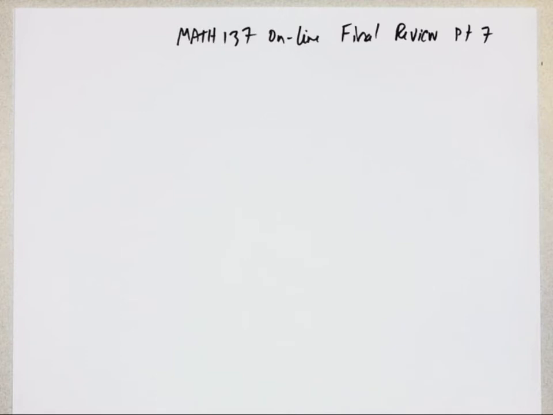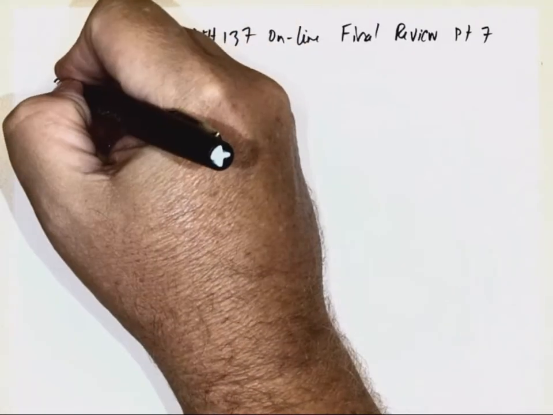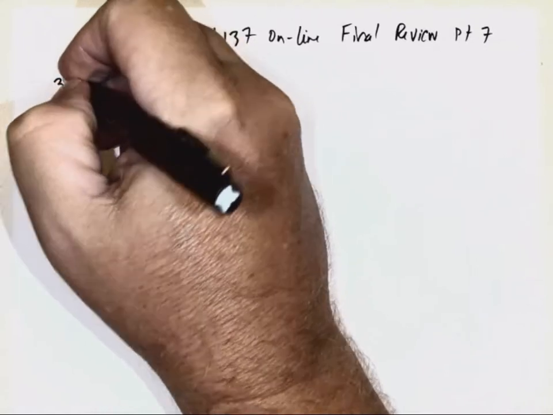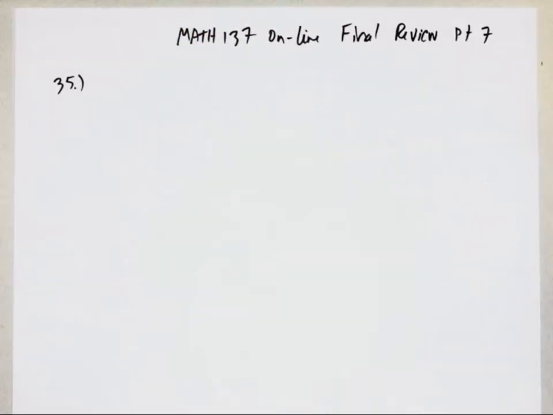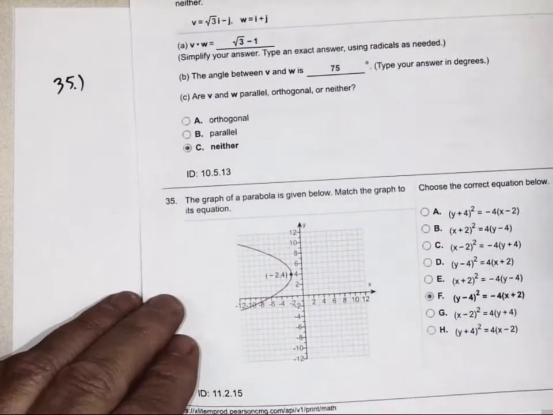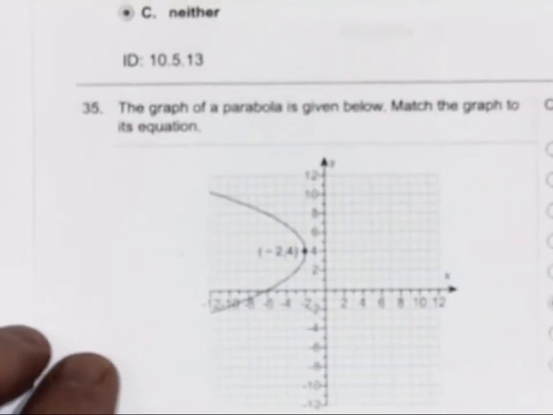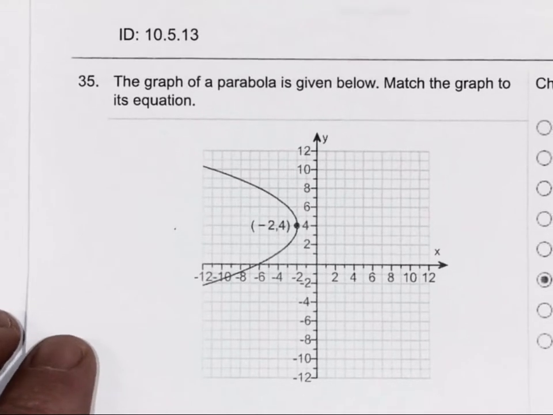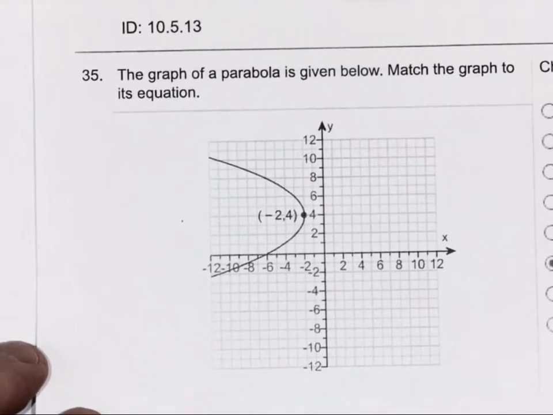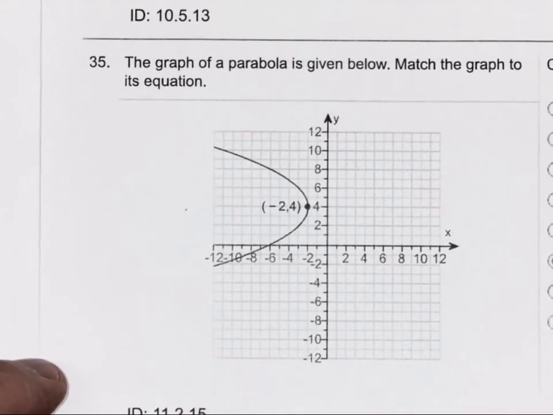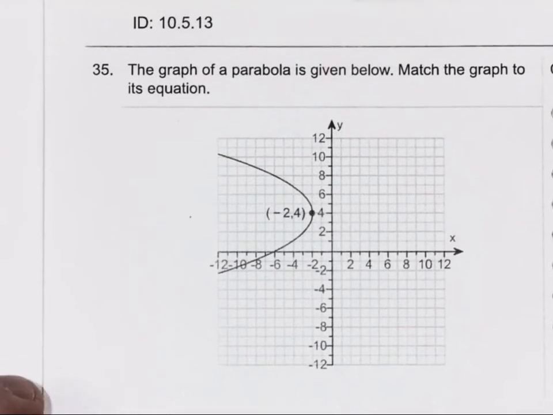So let me first show you number 35. They actually give you the graph of a parabola. Now, even though you have the equations on your formula sheet for parabolas, there are two kinds of equations, because there are two kinds of parabolas.